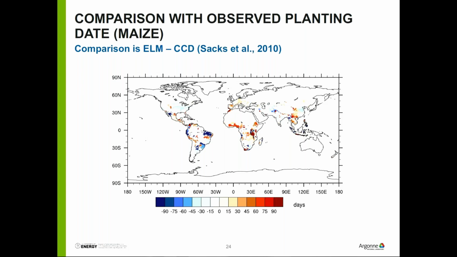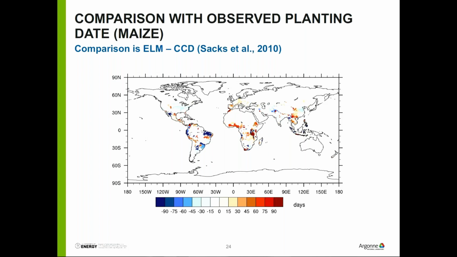In the tropical regions where we have more precipitation seasonality, we tend to have a lot more variability. Some of this is because of the determination of the main wet season, and also when we have no seasonality, we're just planting on January 1st because we don't have any other way of determining what the planting date should be.